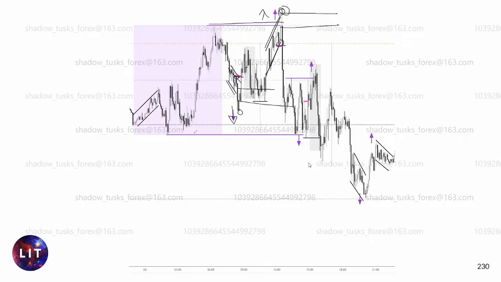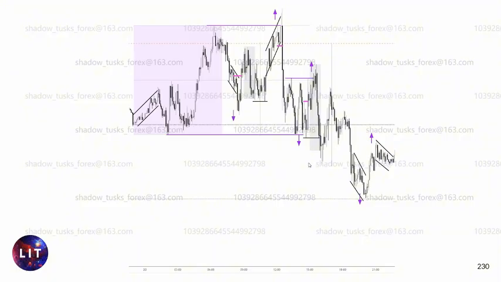Same here, so build up, faking the reaction, this is the high that caused the low, break of structure, and the issue here is normally we'd want, oh yeah, this mitigation, but by the time price comes back to this mitigation, we've already had another build up with inducement high in trap time, so we need to be very careful of this mitigation. Okay, so those are our breaks of structure.